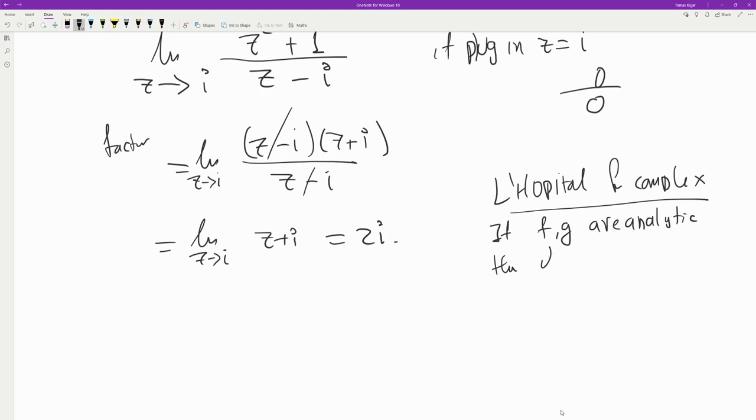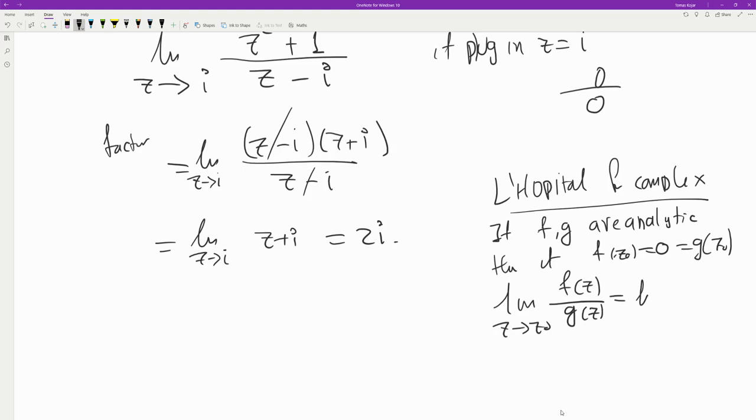Then, if you have z naught, if they're both equal to 0, then when you take the ratio, you can take complex derivatives, which again, we will define in the next clip.